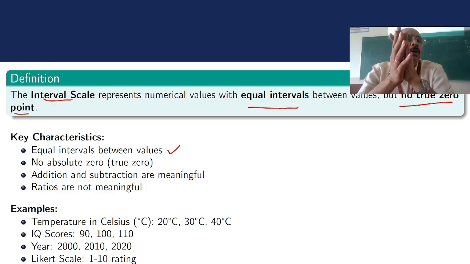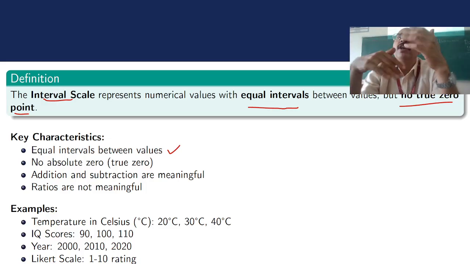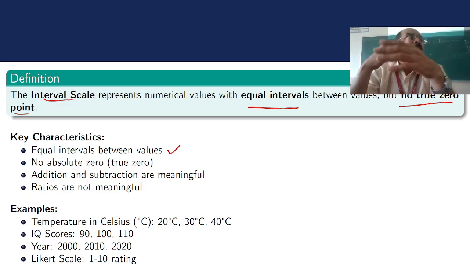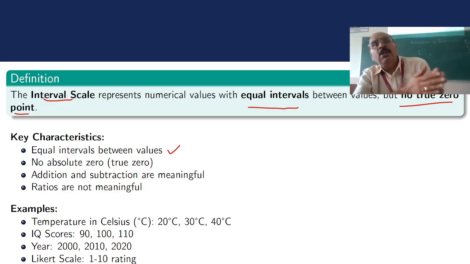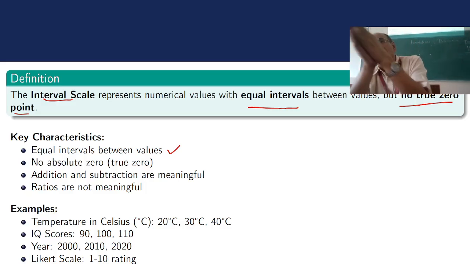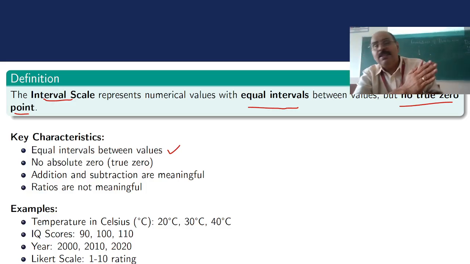Now, in the ordinal scale, I am classifying students as slow learners, average learners, and fast learners, for example. You have slow learners, above that average learners, above that fast learners.